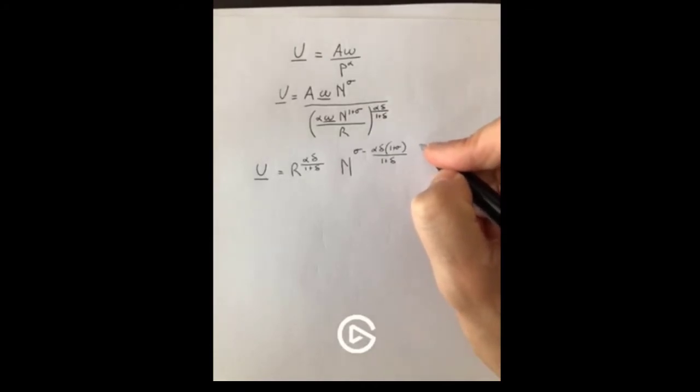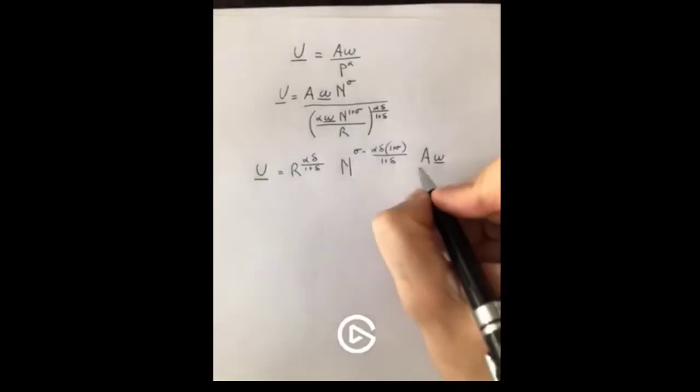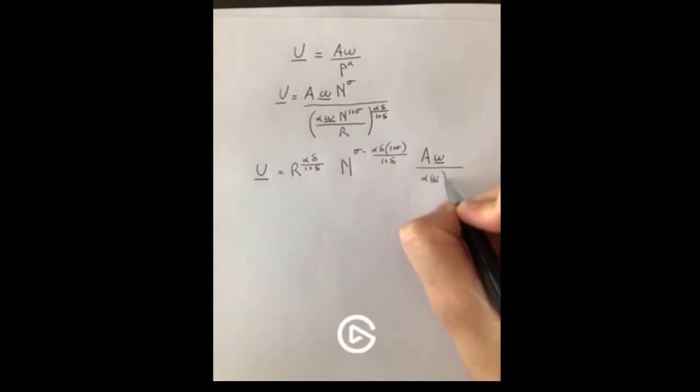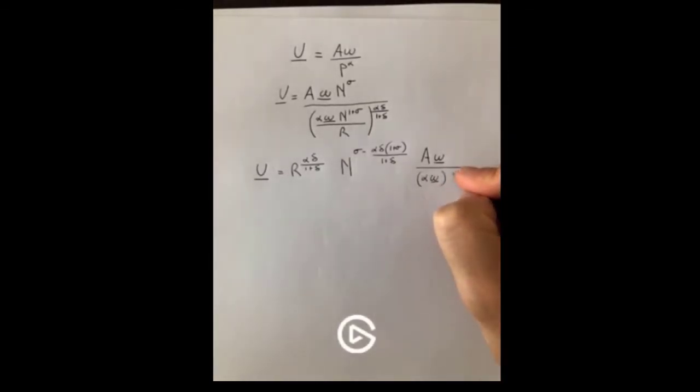That multiplies a term that is equal to a w lower bar divided by alpha w lower bar with exponent alpha, sigma, alpha delta divided by 1 plus delta.